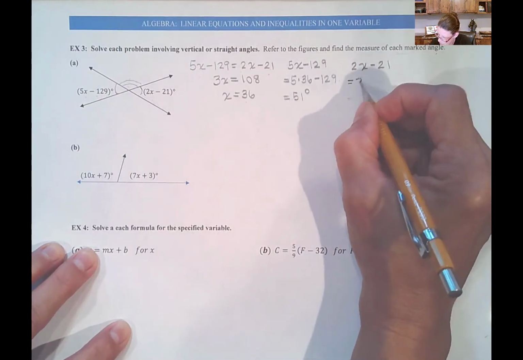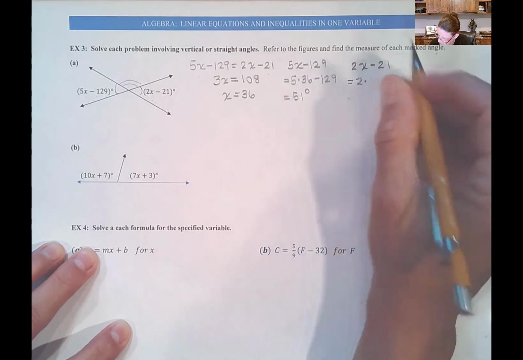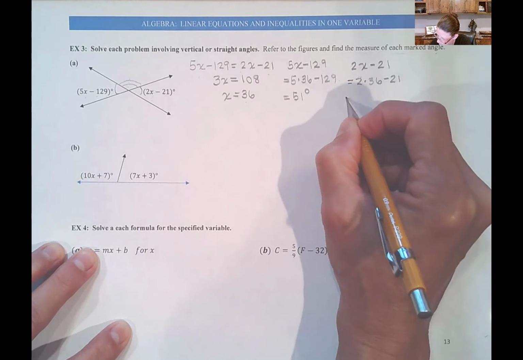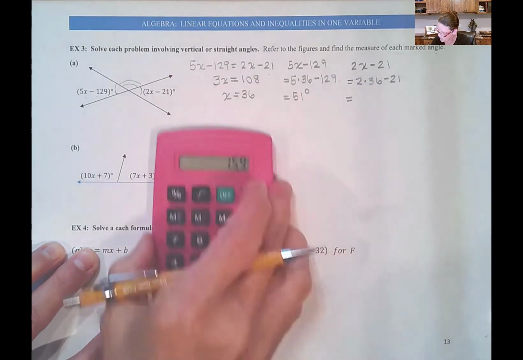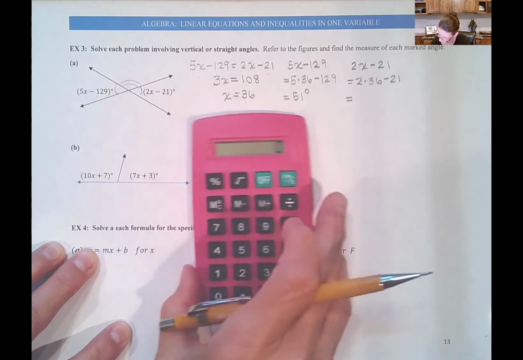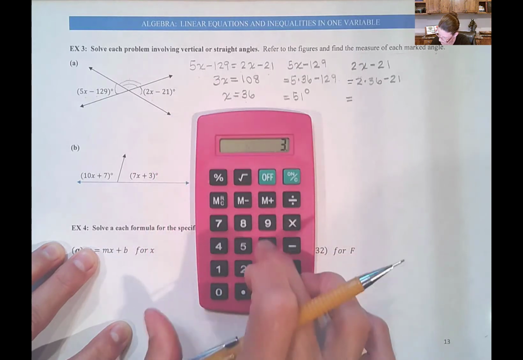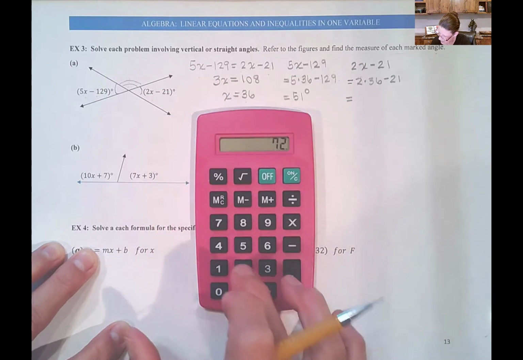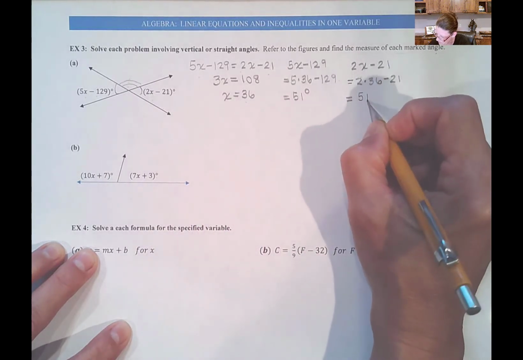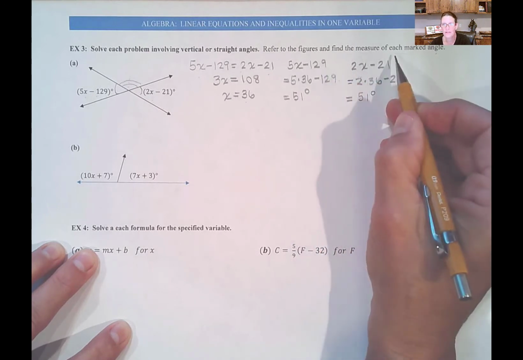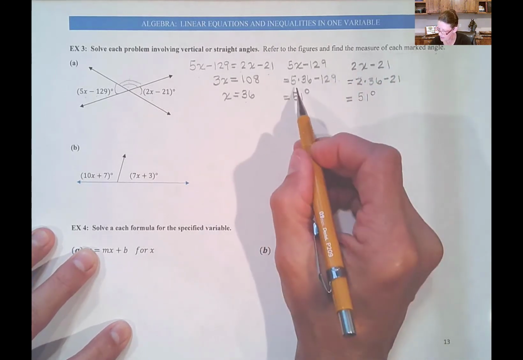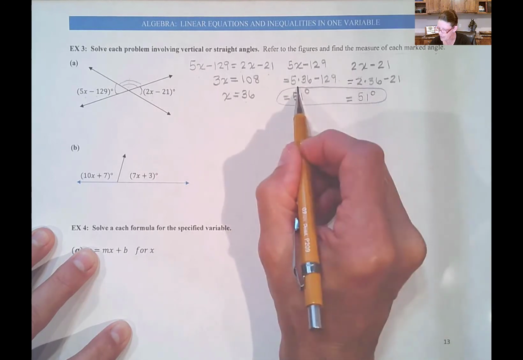So here we have 2 times 36 minus 21. 2 times 36, that's 72. And minus 21 is going to give 51 also. So did we find the measure of each marked angle? Yes. Each marked angle measures 51 degrees.